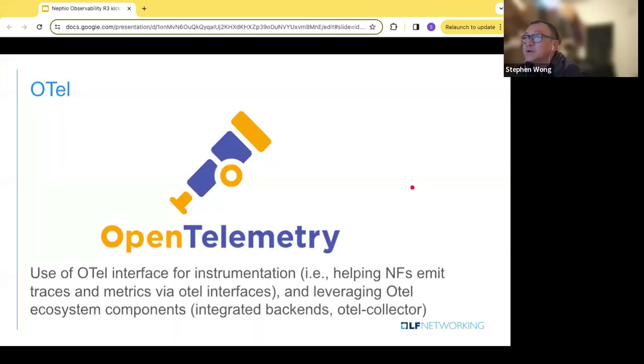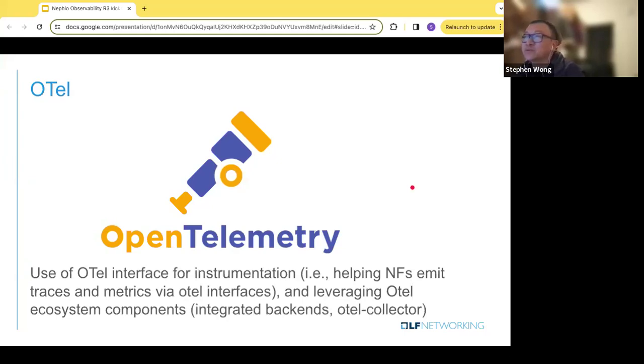Next one. It's very strong for me to say the community converged on this in the last meeting, because very few of us actually attended it. But the thing we did agree on, very correctly in my opinion, is that we are not thinking of creating a Nephio-specific set of interfaces for instrumentation or backend support.